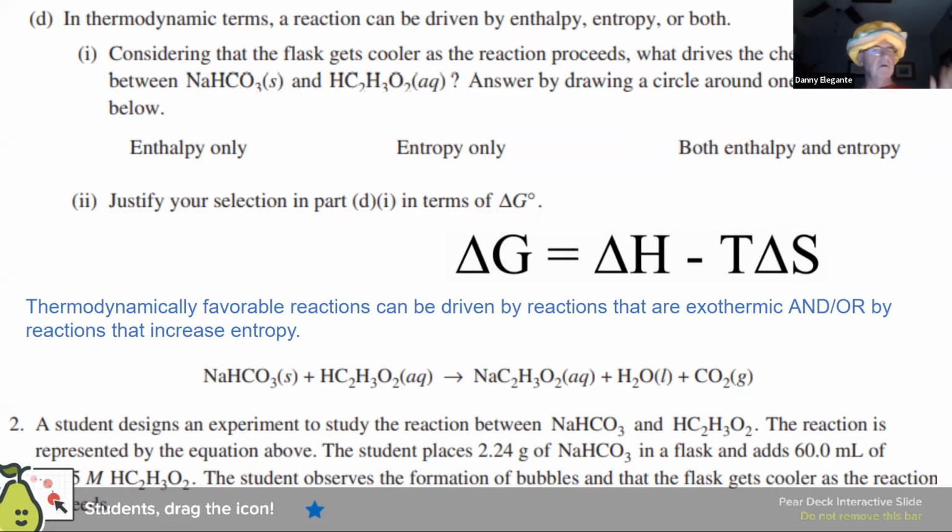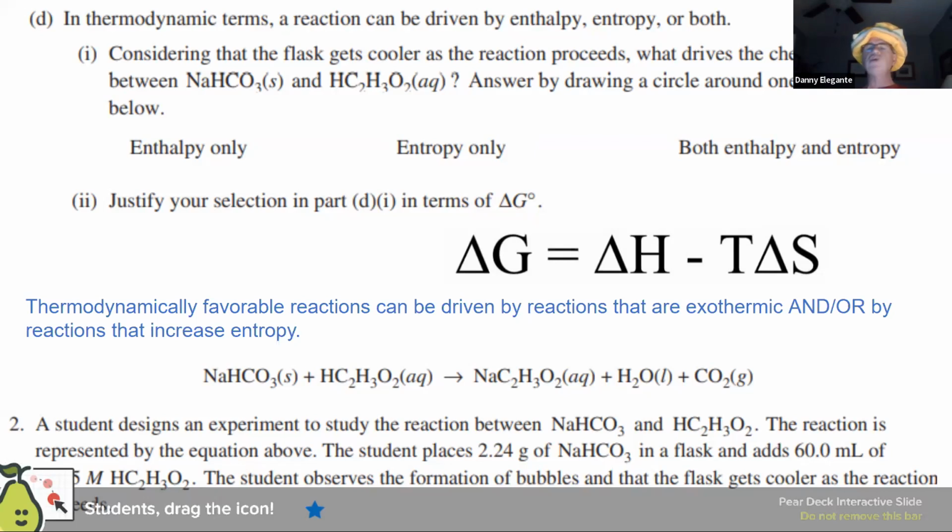So fire is very exothermic, very thermodynamically favorable because it has a negative delta H, it gets hot, and you're turning that fuel from the fire into a bunch of gas molecules. So things that have a negative delta G are thermodynamically favorable. That's what's driving this.